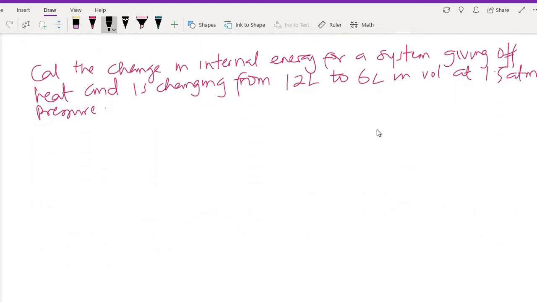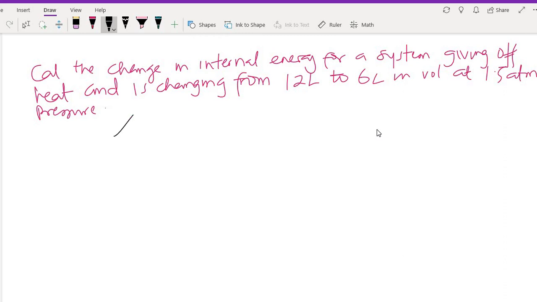Another example: calculate the change in internal energy for a system giving off 15 kilojoules of heat and changing from 12 liters to 6 liters in volume at 1.5 atmosphere pressure.